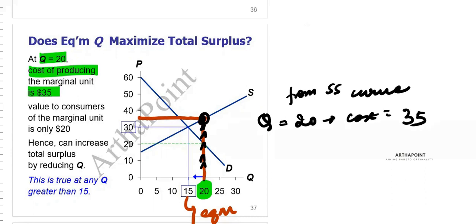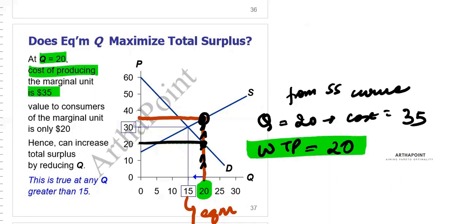I drag this 20 to the demand curve and I check that the willingness to pay is only coming at 20. So if the consumer is willing to pay 20, but the cost is 35, neither consumer nor producer will be able to sell or buy.